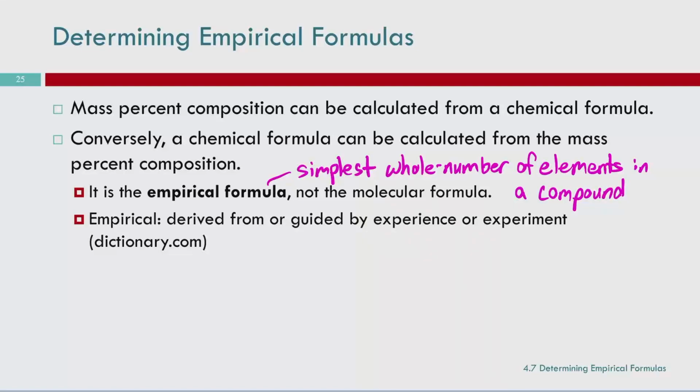So if we have subscripts, like in C8H18, 8 and 18 can both be divided by 2. This would turn into C4H9.